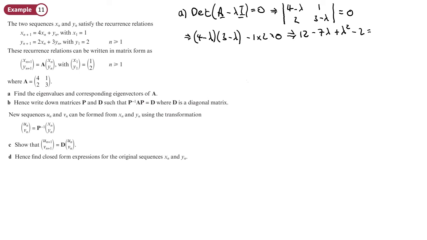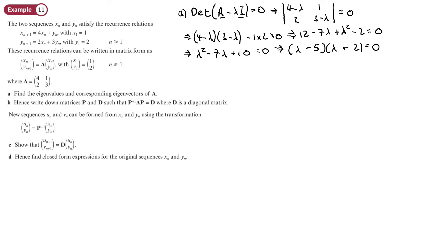And that gives us this quadratic, lambda squared minus 7 lambda plus 10, 12 minus 2, equals 0. That does factorize. And our values are going to be 5 and 2, because we want to make minus 7 and plus 10.